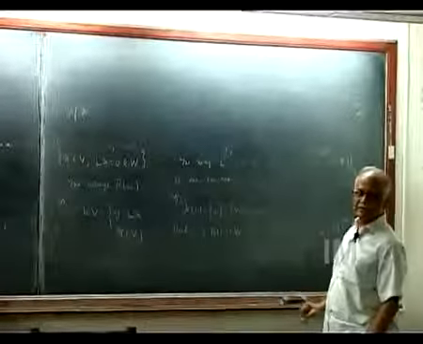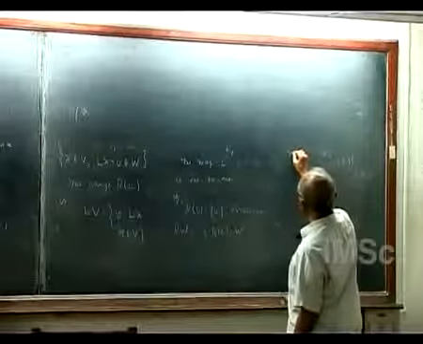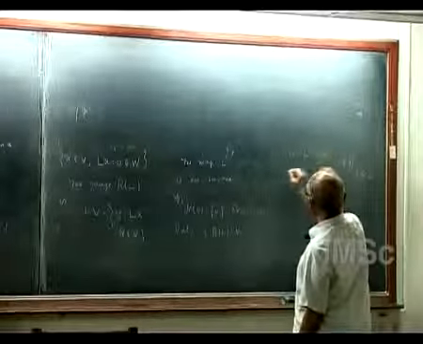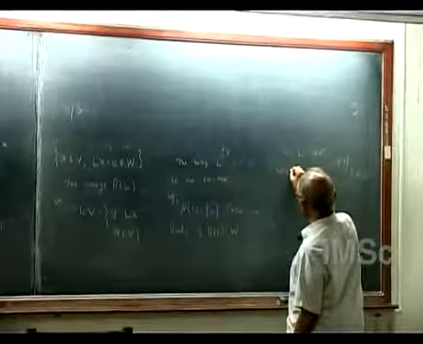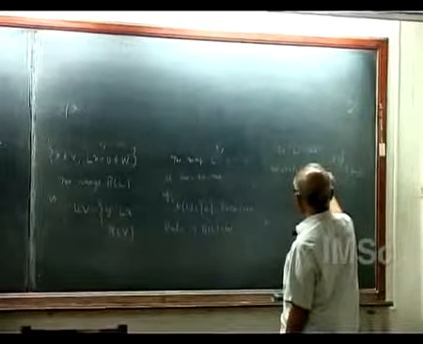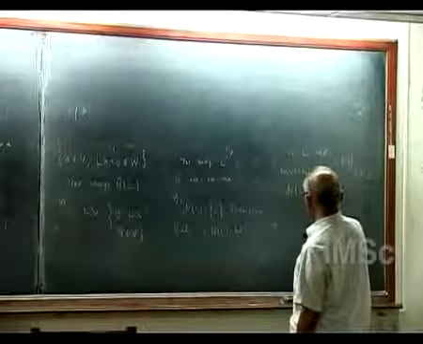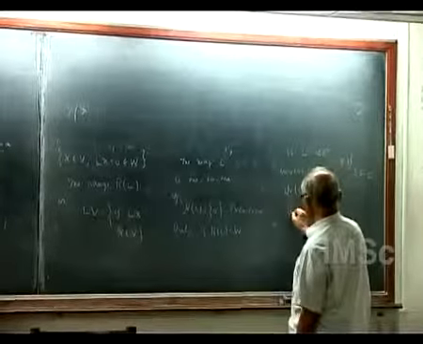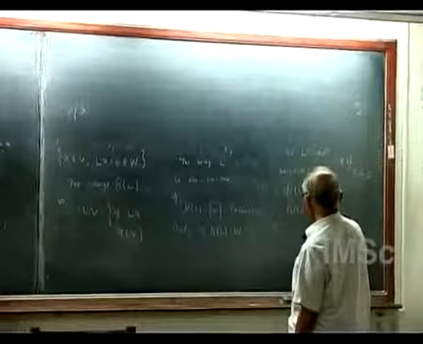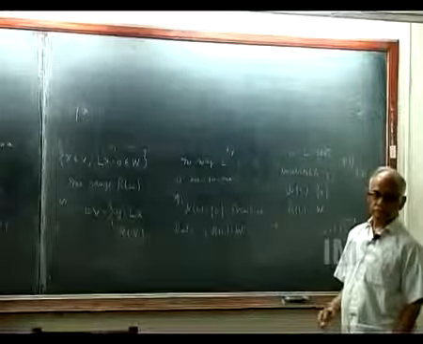So, L is invertible if and only if the null space consists of the 0 vector and the range consists of all of W. It is again obvious.